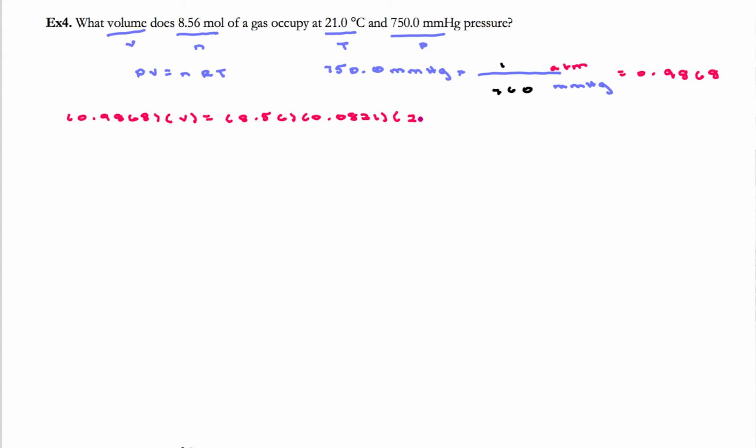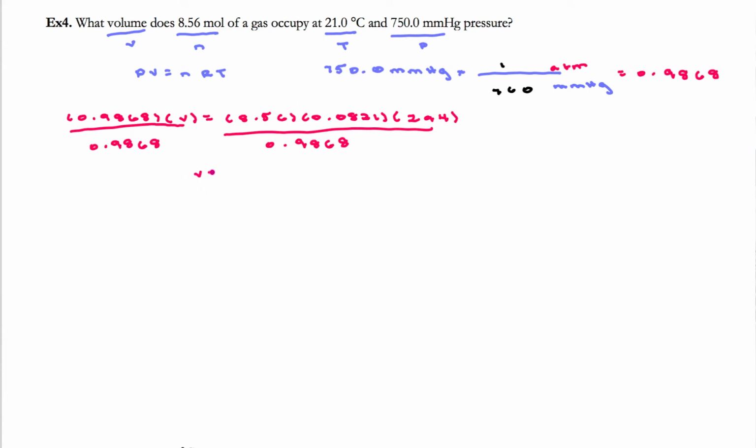So that's going to be 294. All right, so now I'm going to multiply 8.56 times 0.0821 times 294, and then I'm going to divide that by the whole value that I have in my calculator for the pressure. And what I get is 209.37.